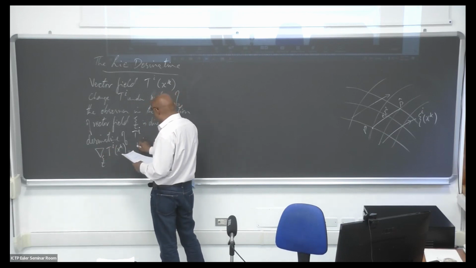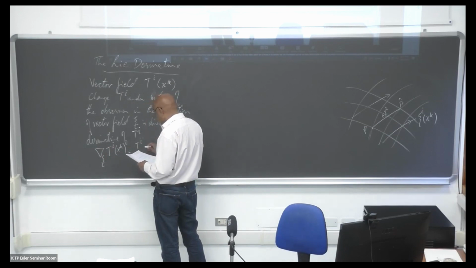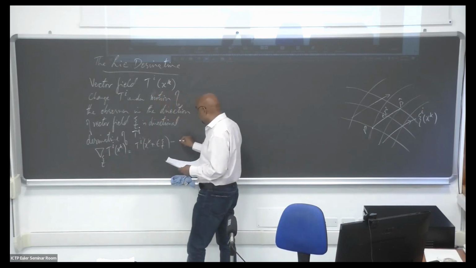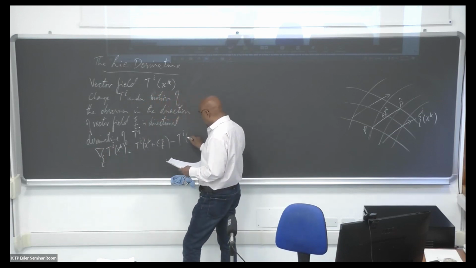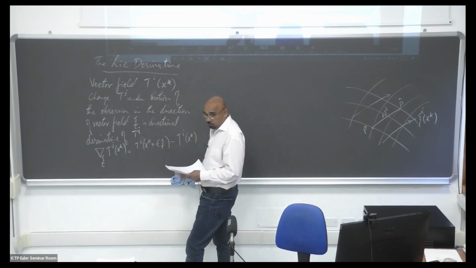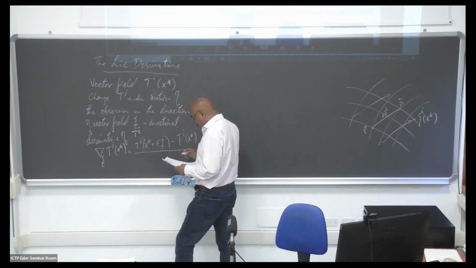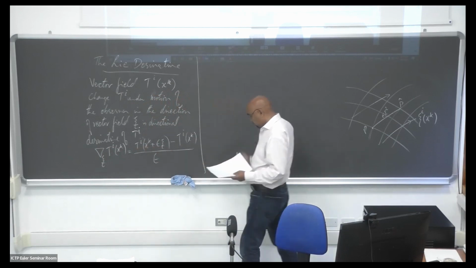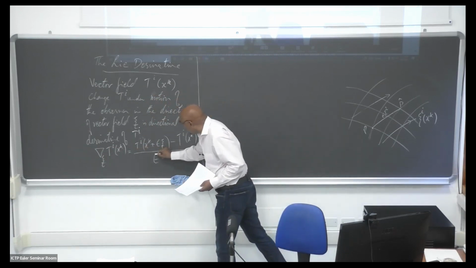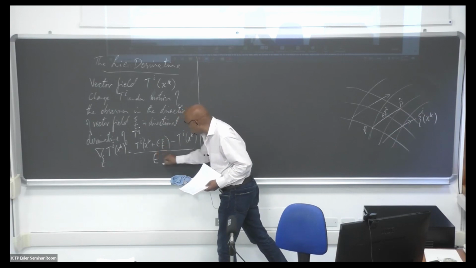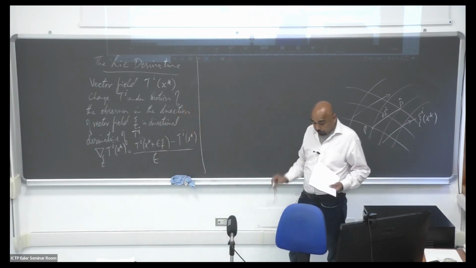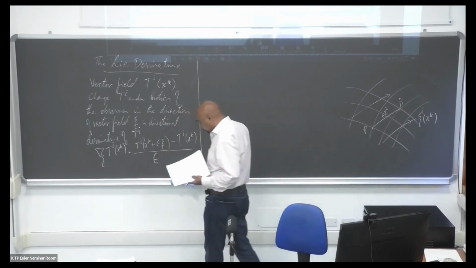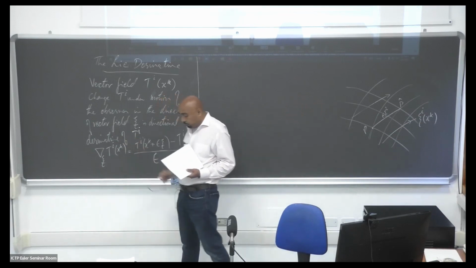So it's the usual derivative: to xk we add this increment and subtract from it the original position of point P, and this is divided by this epsilon, which is a small parameter. And epsilon gives us one element from the family.